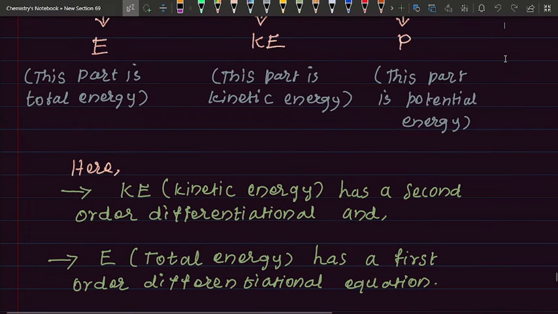So this part is the total energy, this part is the kinetic energy, this part is the potential energy. Here the kinetic energy has a second order differentiation and the total energy has a first order differentiation equation.